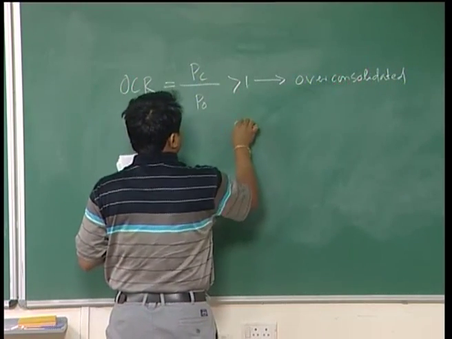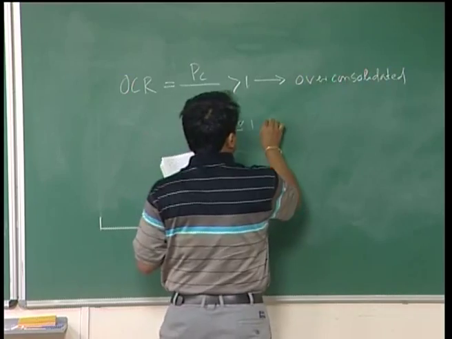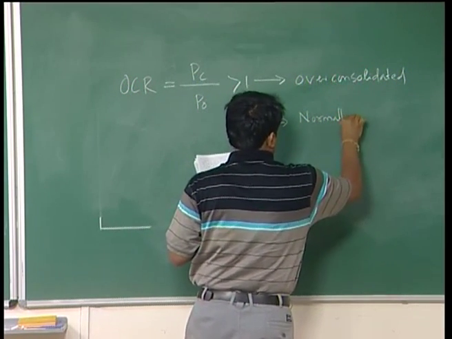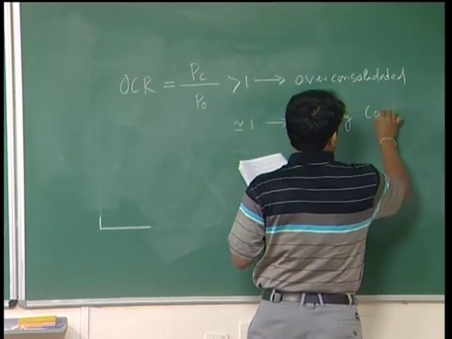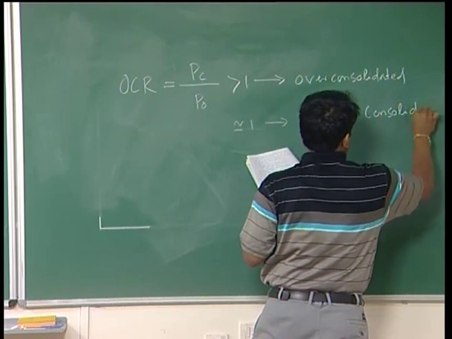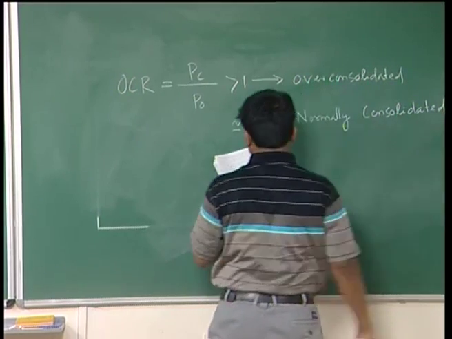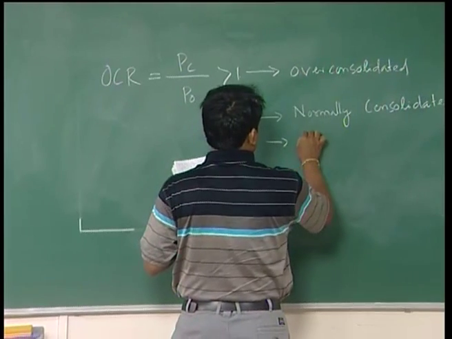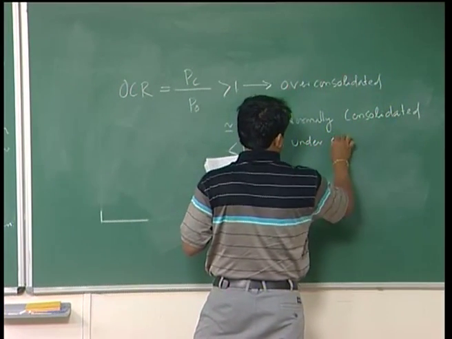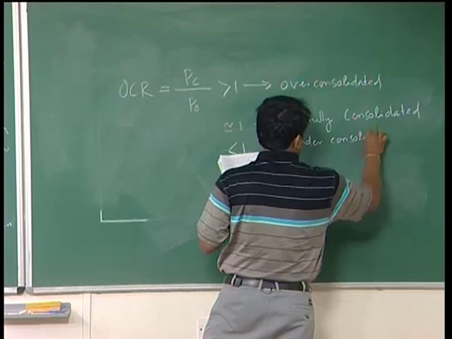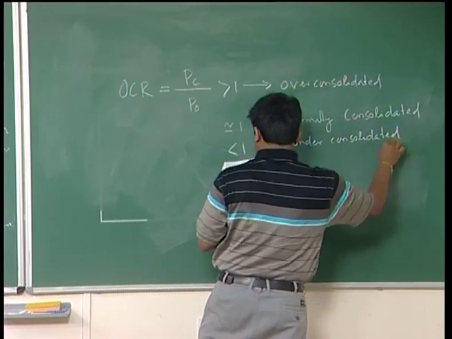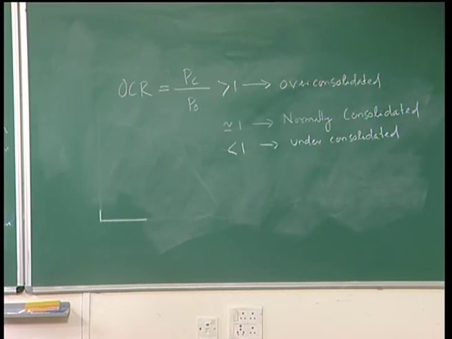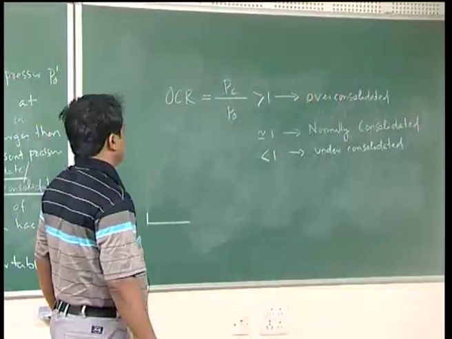If it is 1, that means it is called normally consolidated. If it is less than 1, this is called under consolidated. Now, I have just explained the over consolidation definition.